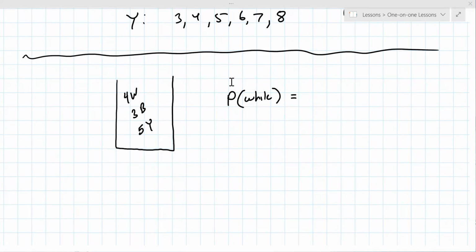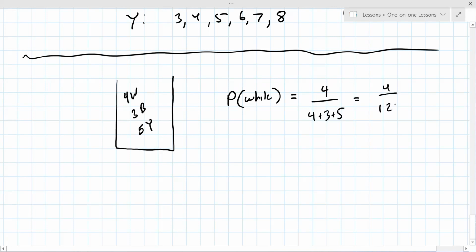Okay, so it's 1/3. It's 4 because that's the ones you care about, the ones that matter, out of the total, which is 4 plus 3 plus 5, which is 12, and that's 1/3.